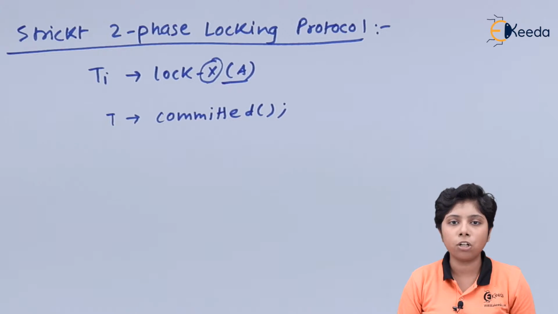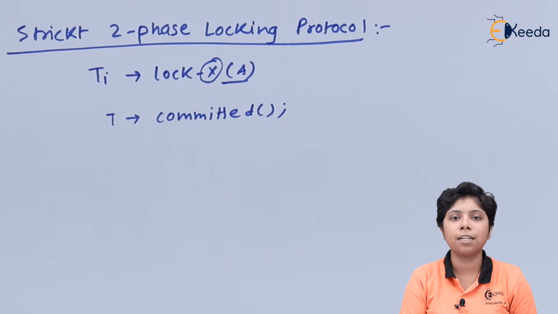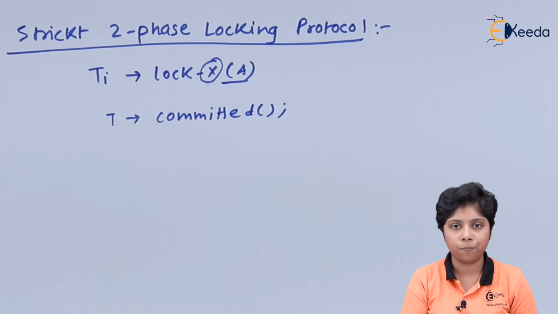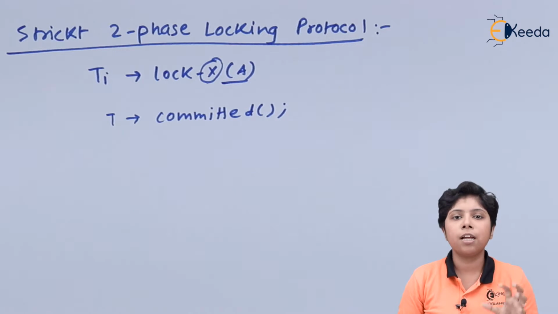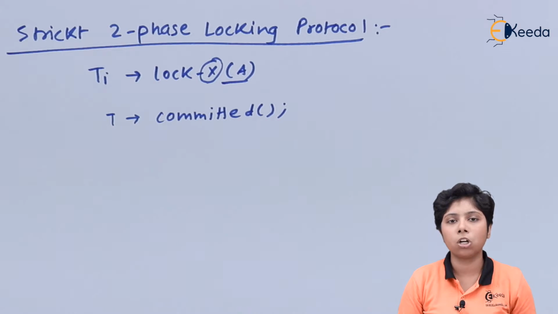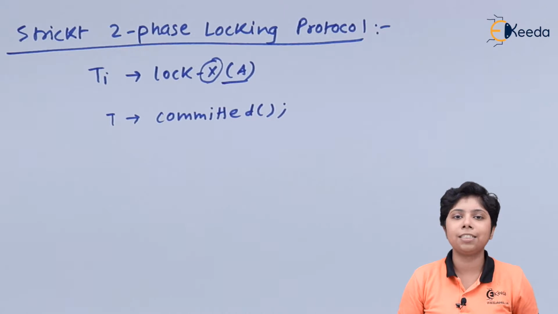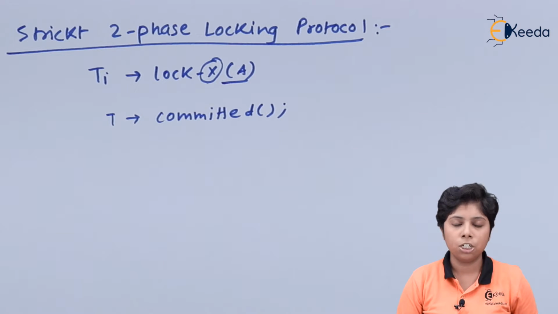So we just cannot afford to release the lock before the transaction is committed, or any other transaction will start and have that lock as an exclusive or shared lock. So the strict two-phase locking protocol tells us about holding the lock in this two-phase locking protocol until and unless a transaction has been committed. So it is delayed until the transaction commits.